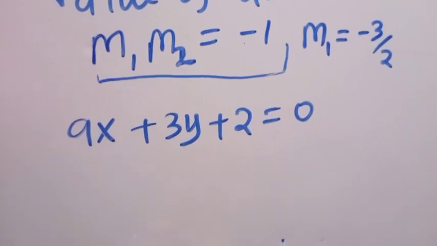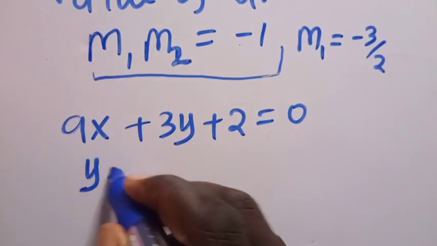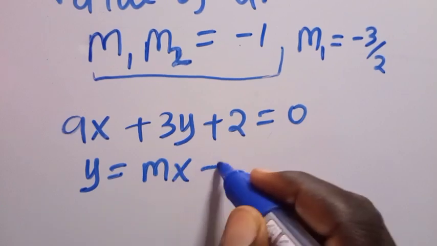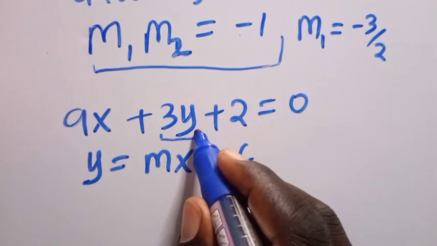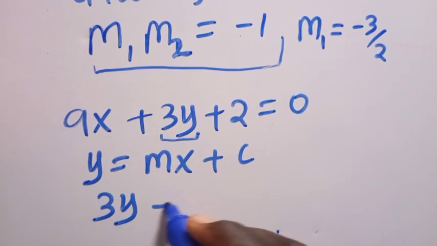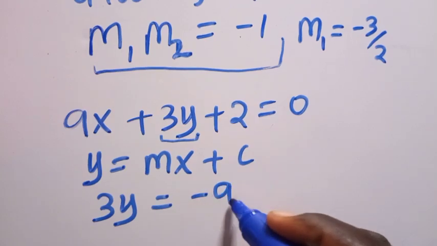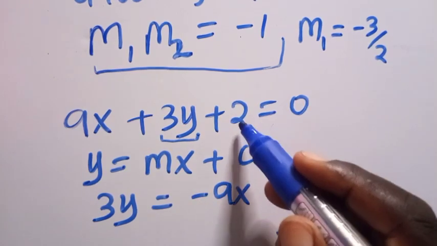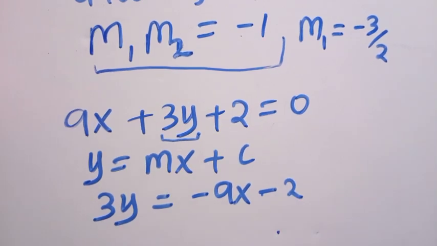Let me also write this in the form y = mx + c. Therefore, I make 3y the subject: 3y = -ax, then I take this 2 to the other side, and it also becomes minus.